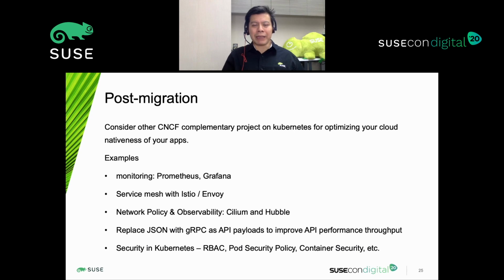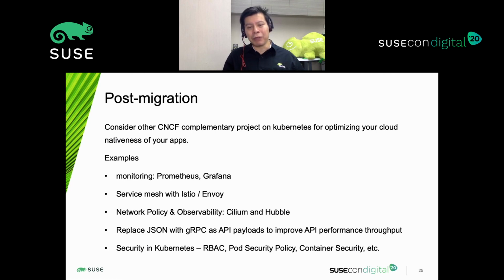After you migrated the applications onto the SUSE Container Application Platform, you may also want to check out some other interesting aspects to improve your cloud nativeness of your application. For example, you may want to look into the tools that can help you to monitor what's going on with your application and the container platform, like using Prometheus or Grafana.